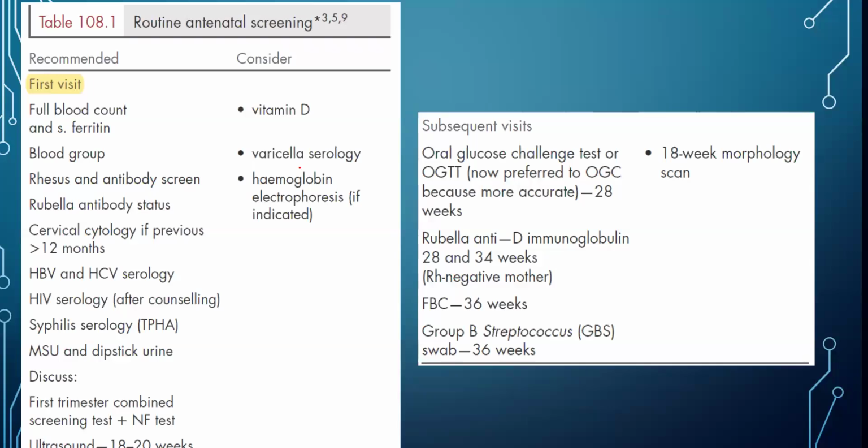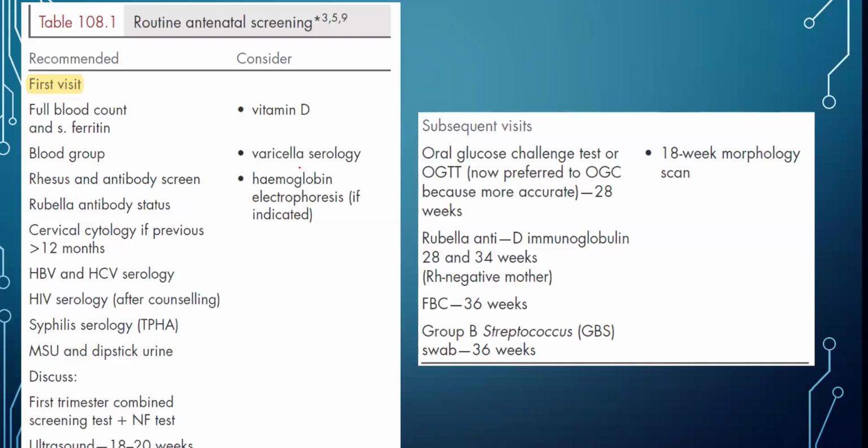Okay, very important thing to know is how we normally take care of a pregnant patient. In Australia, every pregnant patient goes through frequent antenatal care and visits. When a pregnant patient first comes to you, they might say that their home pregnancy test is positive, or that they missed their period.